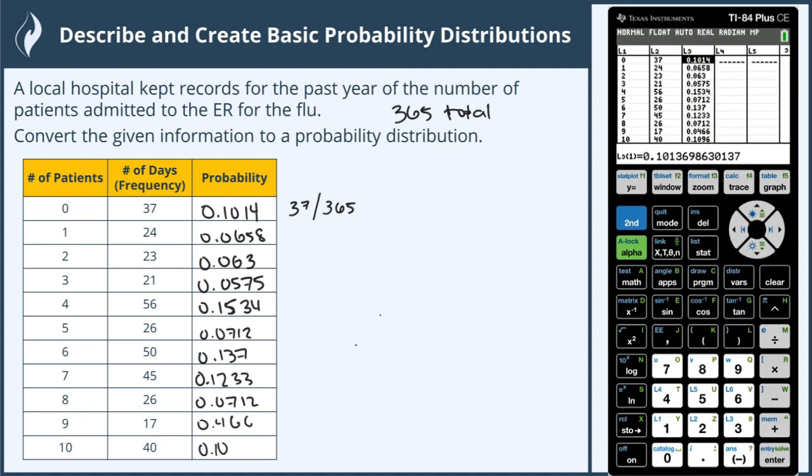I could do less than questions, greater than questions, or cases, all kinds of stuff from here. All the probabilities are here, so it makes it a little bit nicer and easier. But this is a probability distribution. I also want you to double check that your probability column adds up to 1, because it should, right? It should represent the total sample space, which should be 1 or 100%. So that's it. Not too bad.